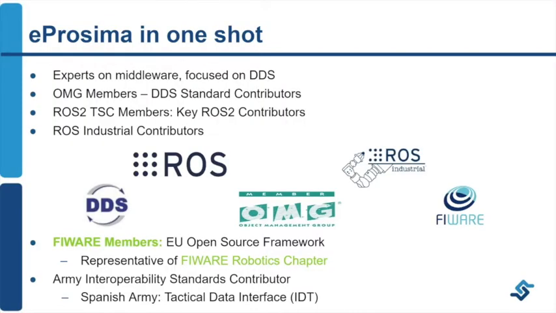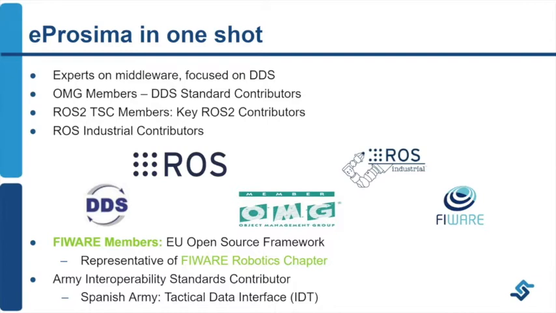We are a small company focused on middleware, especially on DDS. We are members of the OMG, the organization that standardized the DDS standard. DDS stands for Data Distribution Service, and is a standard of a publication subscription middleware for critical systems.